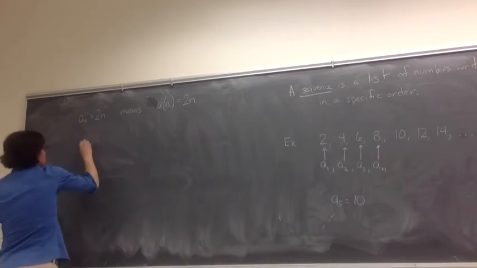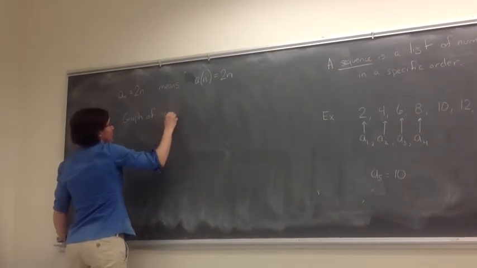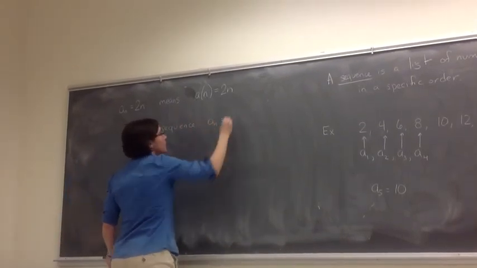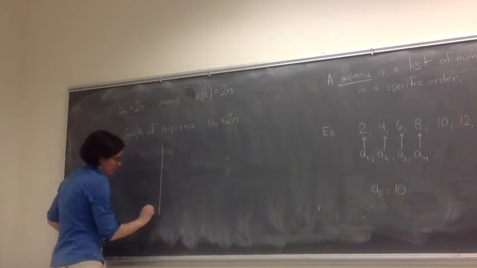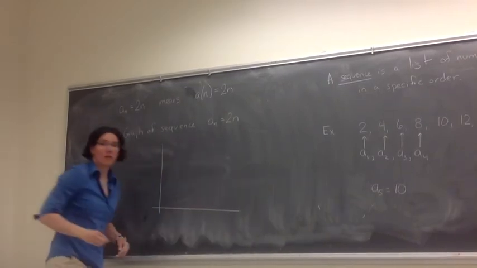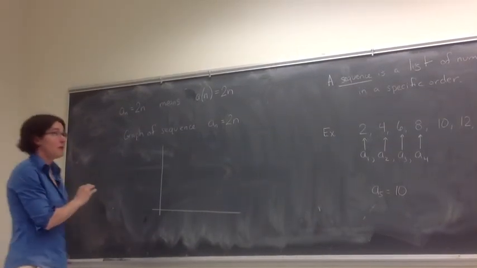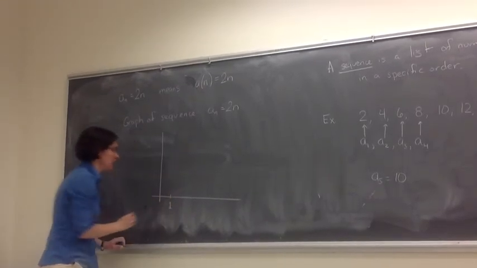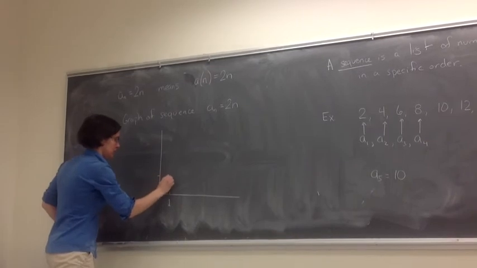And so I can look at a graph of my sequence, my graph of the sequence An equals 2 times n. And remember that my input values are only allowed to be whole number values. So I can plug in a 1, and the output that I get is 2.